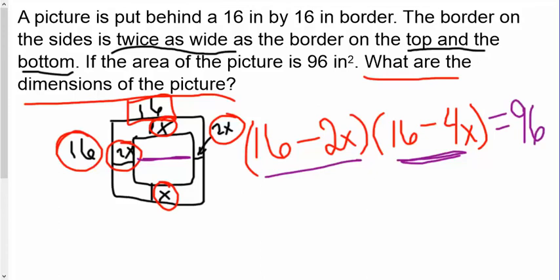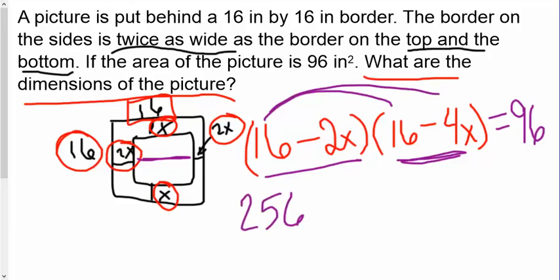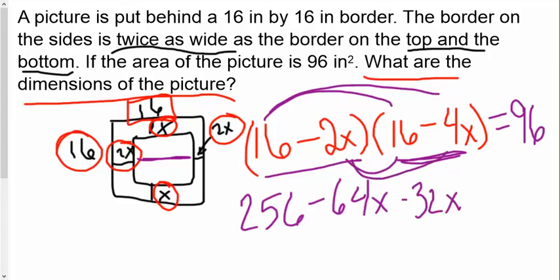So from here, I just need to multiply everything through and essentially really just distribute. So I do 16 times 16, which gives me 256, minus 64x minus 32x, and then plus 8x squared equals 96.